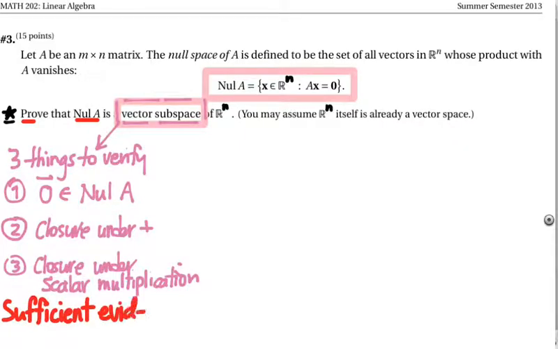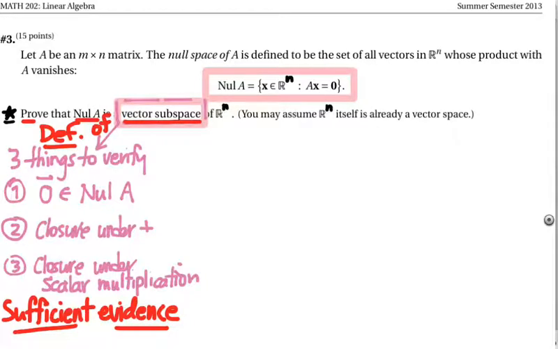Because writing a good proof is like making a good case in a courtroom. What we need to do is compile sufficient evidence for the claim that's being made, to be judged true. These three things that we just wrote down came from the definition of a vector subspace.